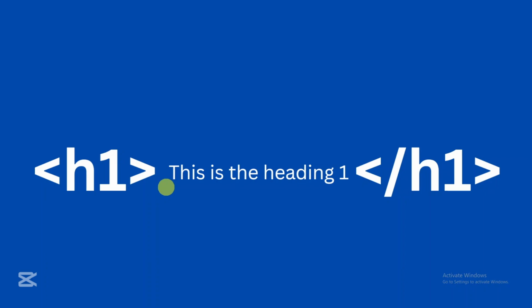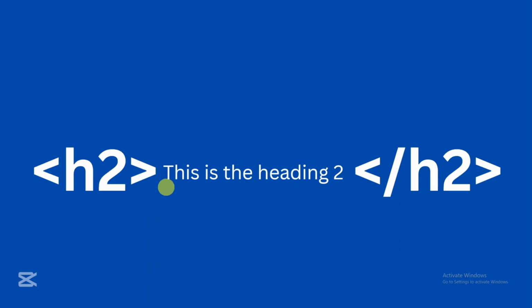It is recommended to have a single H1 element on your web page. This means that if I want to display a subheading, I would need to use a different heading element. So I can use an H2, because H2 is the second most important heading element in our HTML heading elements.